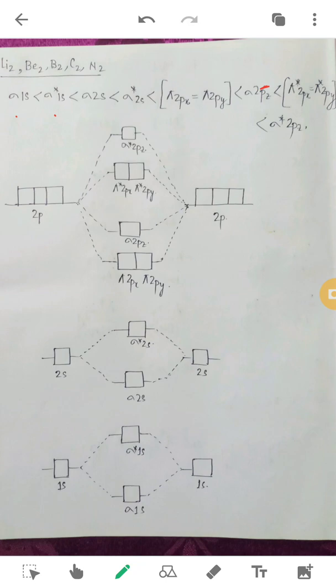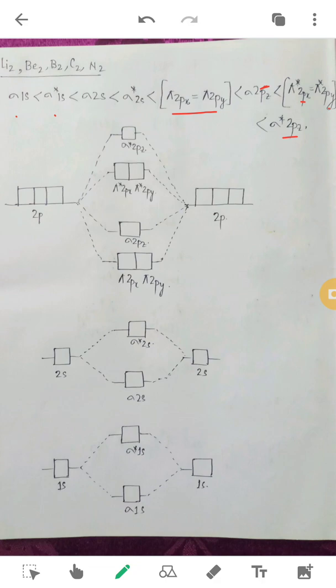So pi 2px and pi 2py come before sigma 2pz. Then, as usual, pi star 2px and 2py are there, and at last you always find sigma star 2pz. In your syllabus, you will find that the molecular orbital sigma star 2pz, the antibonding one, is the highest in energy.